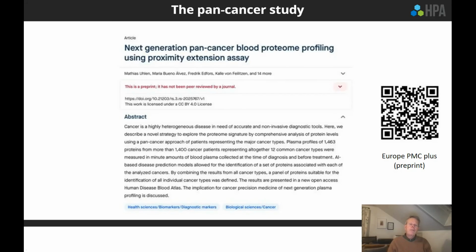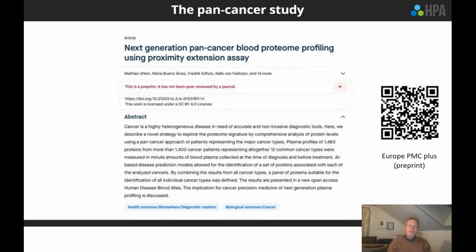We have excellent results from this. It seems like it's as good as if you're using the standard EDTA plasma from people.